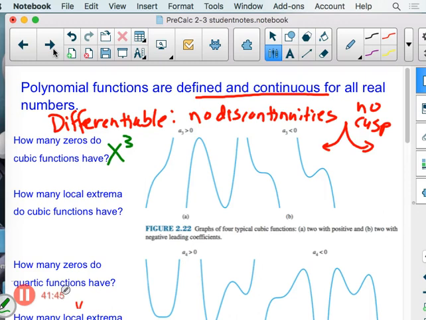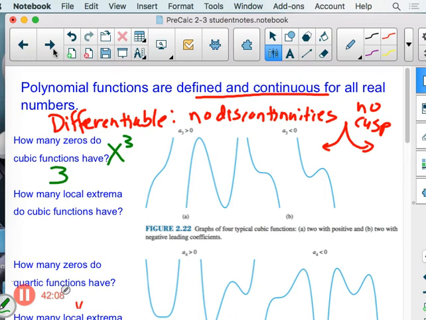How many zeros do cubics have? 3, no matter what. Now, some of you are thinking, yeah, but sometimes we get 1 because the other 2 are imaginary. There's still 3. Still 3 zeros. Graphically, we see 1 or we see 3.